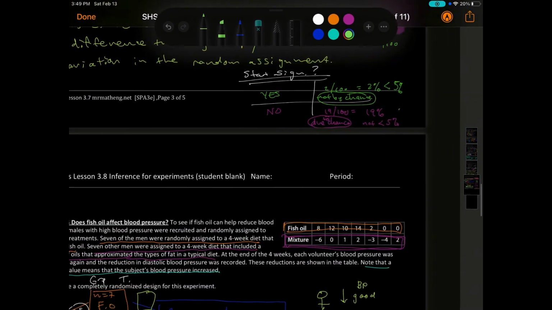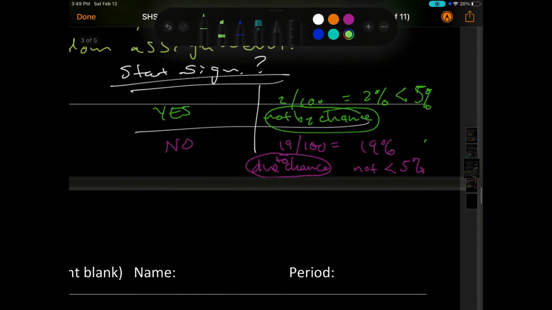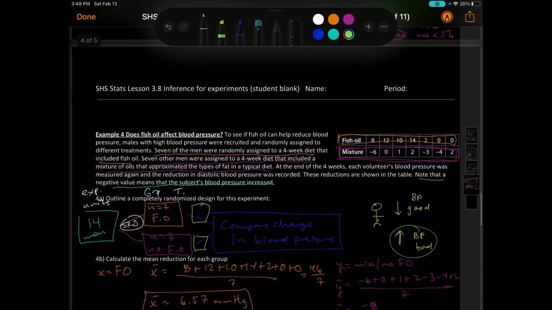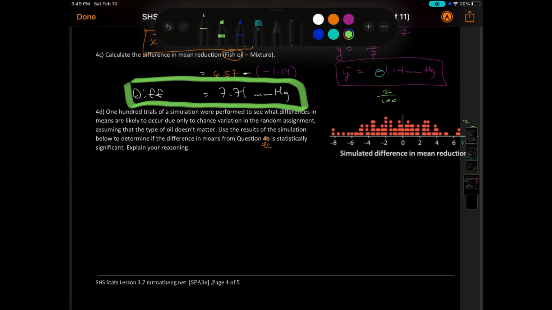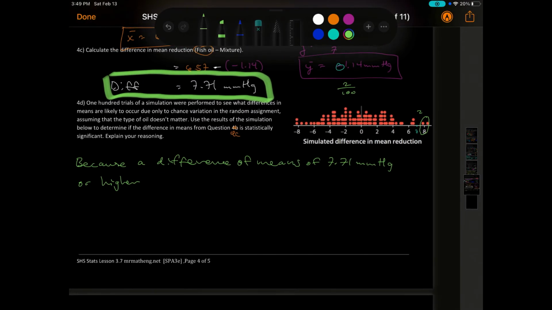Now, look above. When you had a low number, such as the one in green there, 2 out of 100, this is less than 5%. This is not by chance. This is statistically significant. So let's write that. Because a difference of means of 7.71 millimeters or higher, did it come up often or a little in the green box in the dot plot?